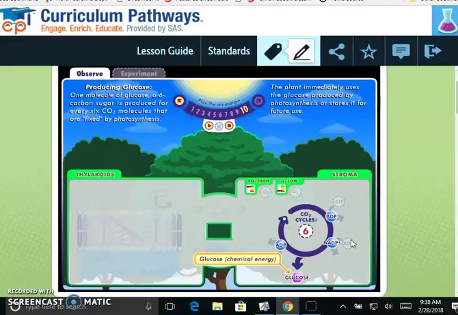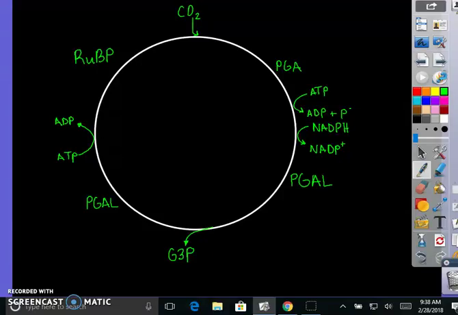Now, I'm going to try to switch the screen, and we're going to take a look at the Calvin-Benson cycle up close. Okay, so now we have the Calvin-Benson cycle up close, and if you want something to relate this to, this looks like the watch dial that you created in class, because it is very cyclic in nature, and I have pulled out the things that we did see.